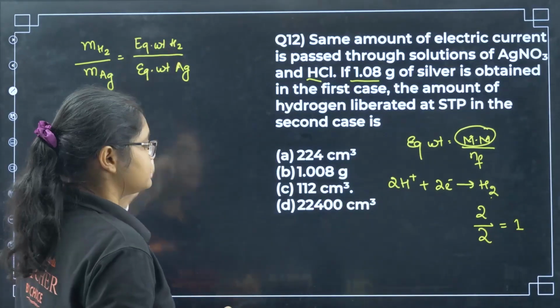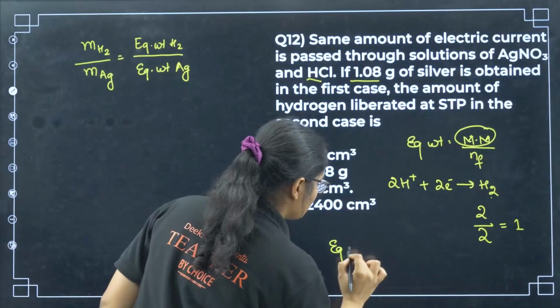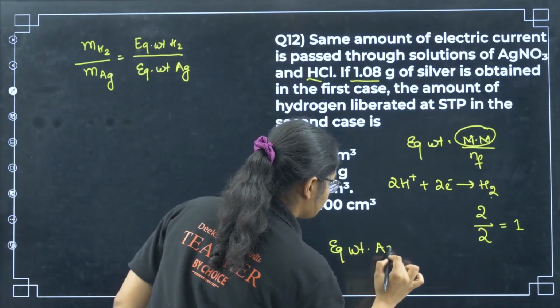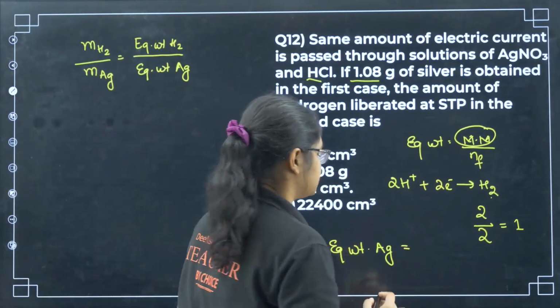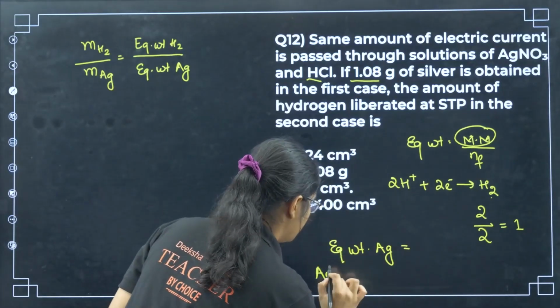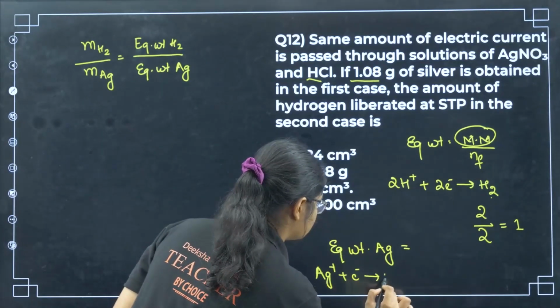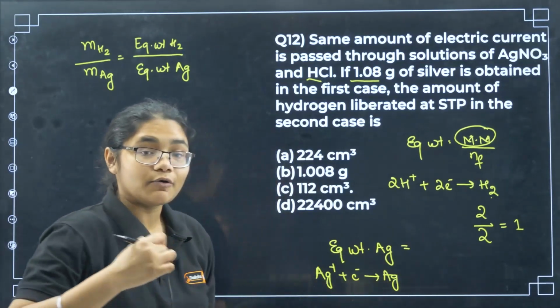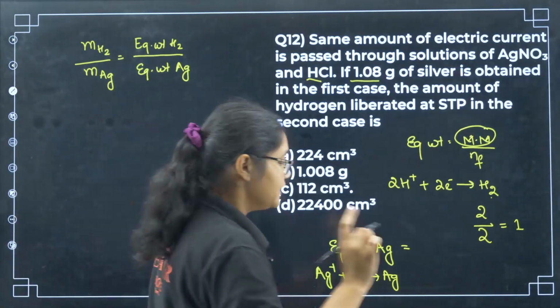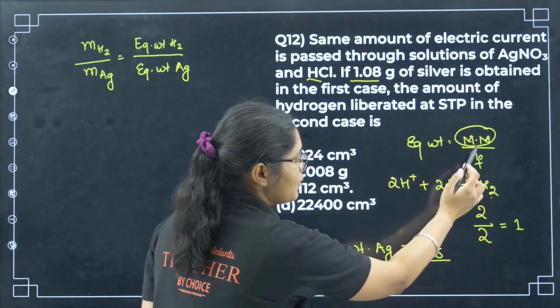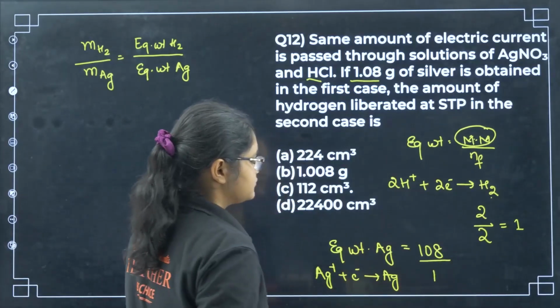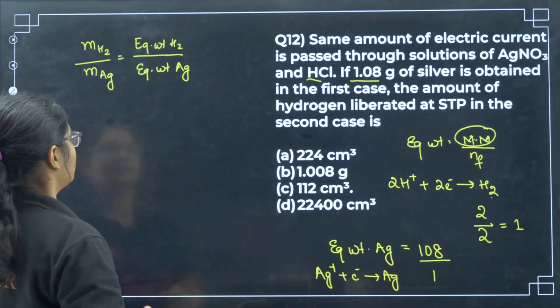Next, equivalent weight of silver. What will be that? You know what is the molar mass of silver? How does silver get deposited? Ag+ plus 1 electron gives Ag, right? So what is the mass of silver deposited? Okay, molar mass of silver is 108. n factor is 1. So equivalent weight will be 108.